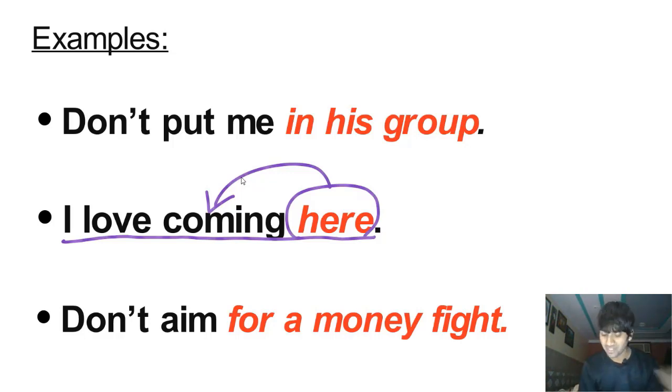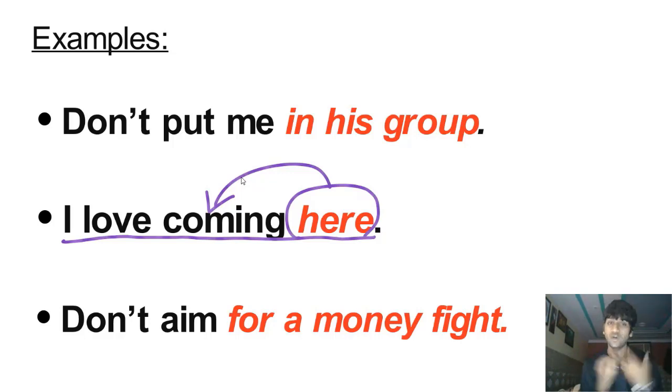You love coming where? So we have to talk about the place of the action. The place has to come after the verb coming. Coming where? Here. Unless it is understood by the context, unless the place is already understood in the previous statement or statements. If that is not the case, the place has to be mentioned.